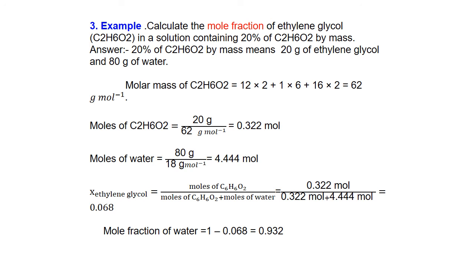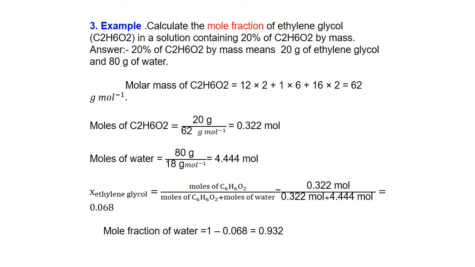So first of all, 20% of C2H6O2 by mass means 20 gram ethylene glycol and 80 gram water. So molar mass of the compound is 62. Moles of this compound, this solute ethylene glycol, is equal to 20 by 62, means given mass divided by molar mass. So number of moles are calculated.